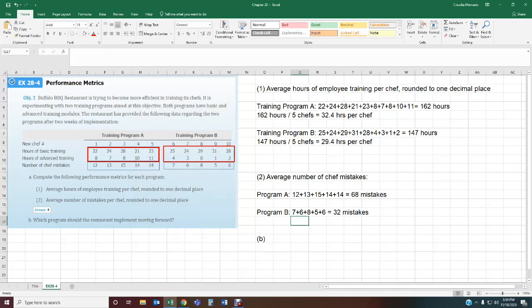So they're wanting the average number of mistakes. So to get the average, we're going to take the number of mistakes, 68 mistakes, divided by the number of training people, per chef. How many chefs did we have in training program A? We had 5 chefs.